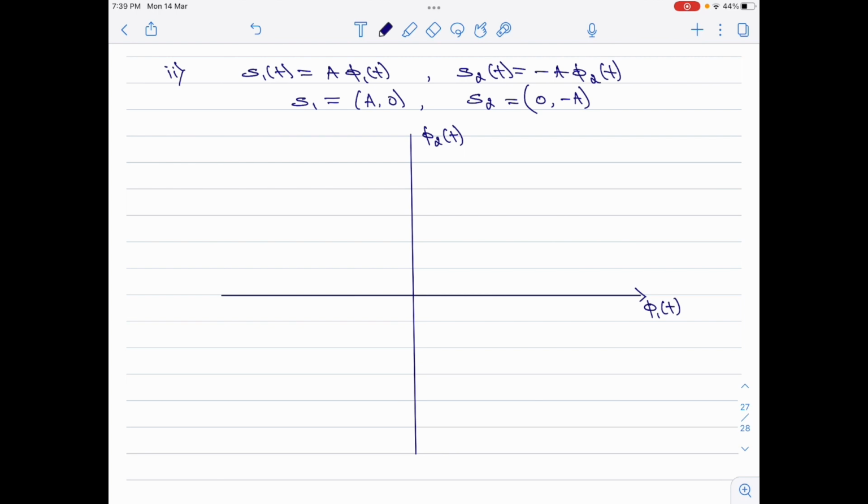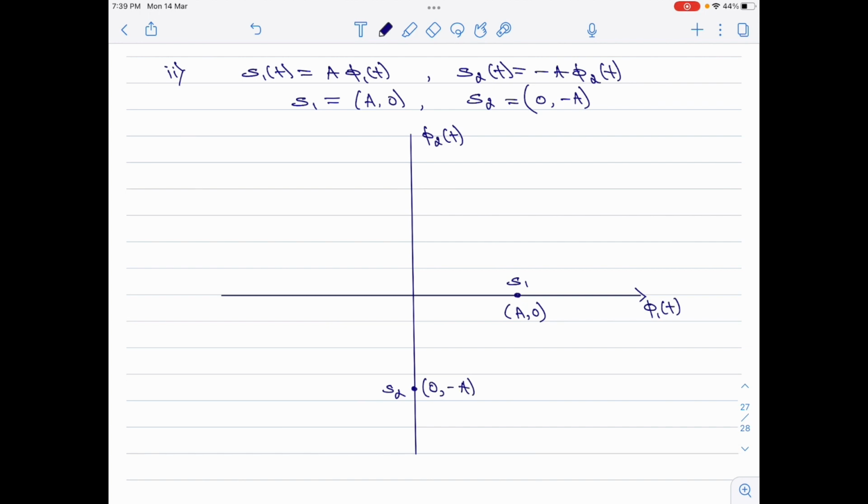Here, the signal vector S1 of t is located at a distance of a on the x-axis. So, this is S1, which is a, 0. Coming to signal vector S2, it is located at a distance of a, but on the negative y-axis. So, this will be S2, which is 0, minus a.